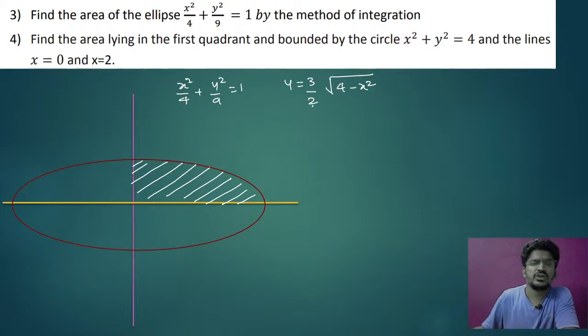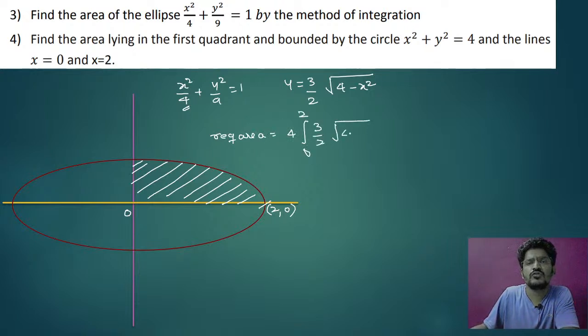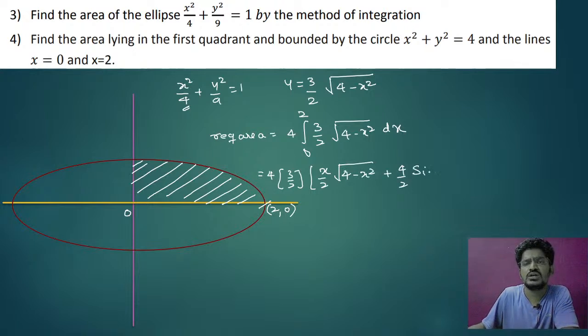Now you can check here, the x-intercept is 2, so the limits will be from 0 to 2. That means the required area will be equal to 4 times the integral from 0 to 2 of 3 by 2 square root of 4 minus x square dx. Therefore, this will be 4 times 3 by 2 into x by 2 root of 4 minus x square plus a square by 2 sine inverse of x by 2, from 0 to 2.